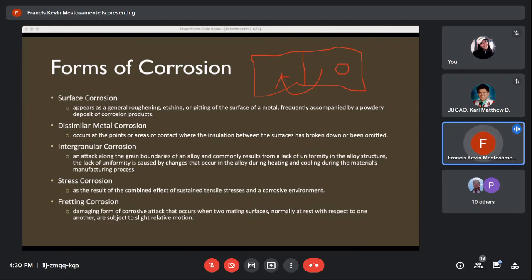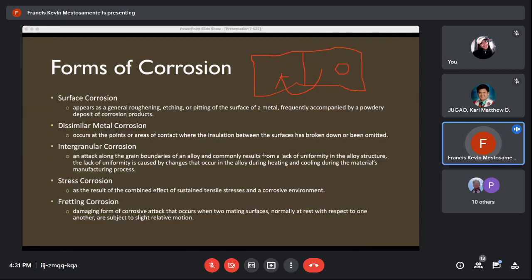So stress corrosion, yun, in-explain ko na rin. That is usually on the stress or tensile stresses nag-occur na nagli-lead sa intergranular corrosion. Next is fretting corrosion, damaging form of corrosive attack occurs on two mating surfaces.